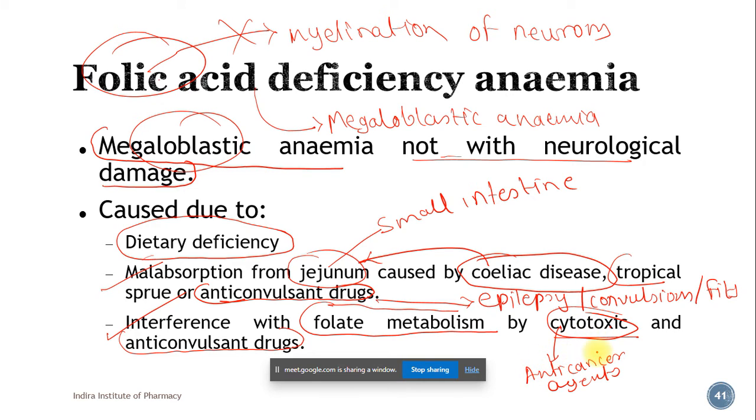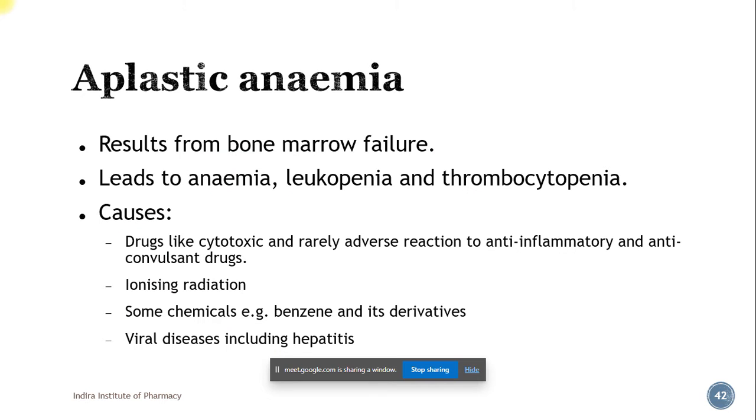And the category of drugs that come under this is anti-cancer agents. And the anticonvulsant agents also interfere with the folate metabolism. The next, aplastic anemia. So this results from the bone marrow failure. Okay, we already know that this bone marrow is responsible for the hemopoiesis.